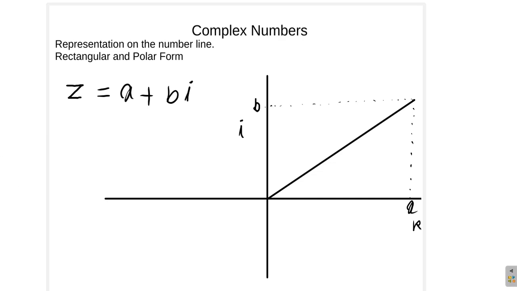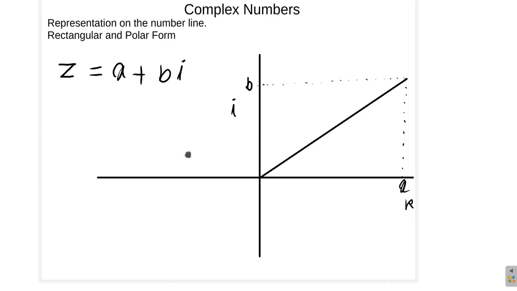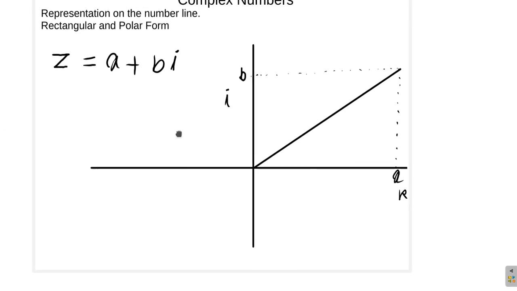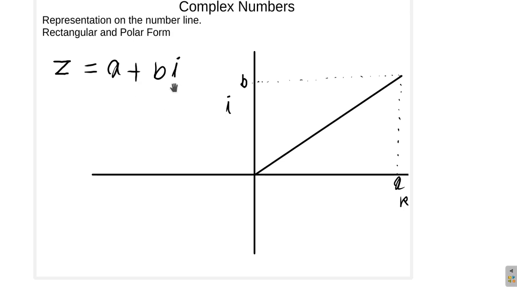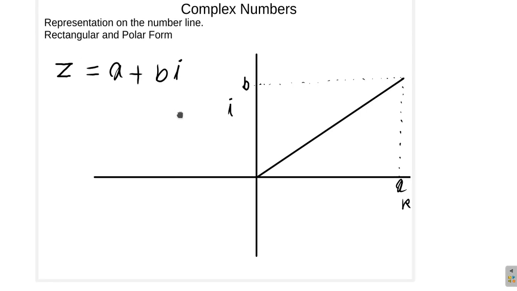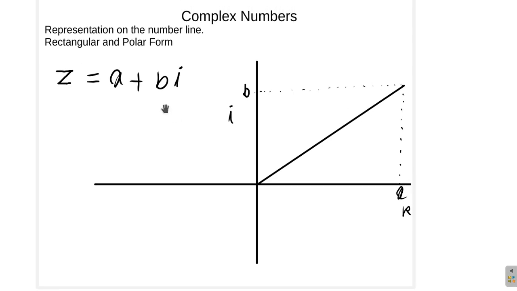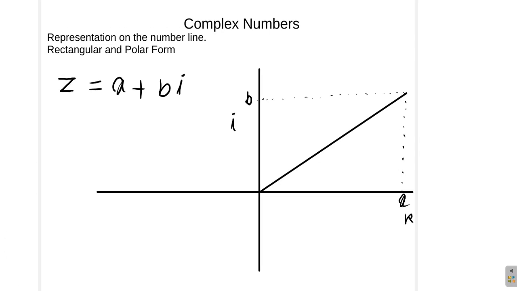Now, when you look at it, you can say this a plus bi is either rectangular or polar form. Which is it? Let's see something here. You see the a? It can be used to represent the width of a rectangle, and the b, the height of a rectangle.